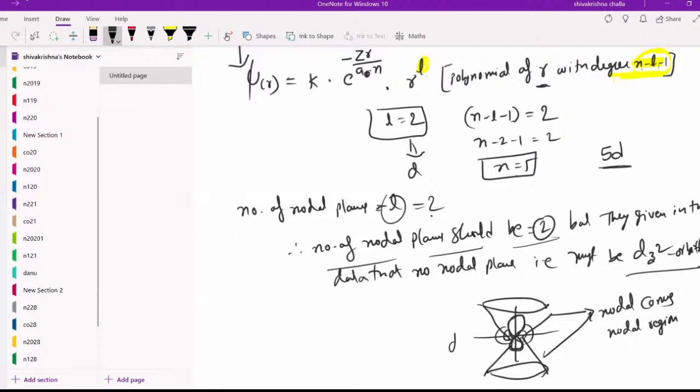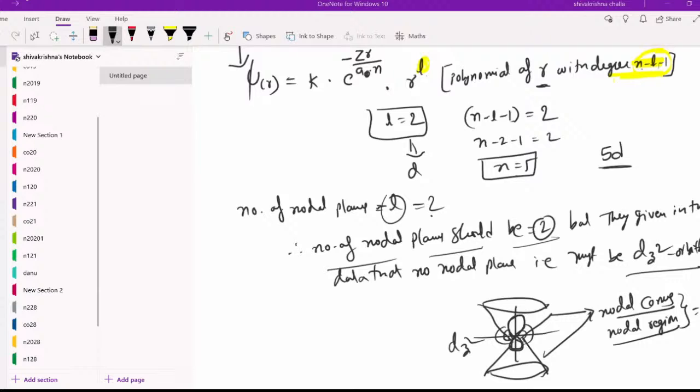So the dz square orbital has nodal cones or nodal regions, but no nodal planes. That is the important point. Therefore, the answer is 5dz square. That is why the answer is 5dz square. So your explanations are wrong, Mr. Yoganand Reddy.